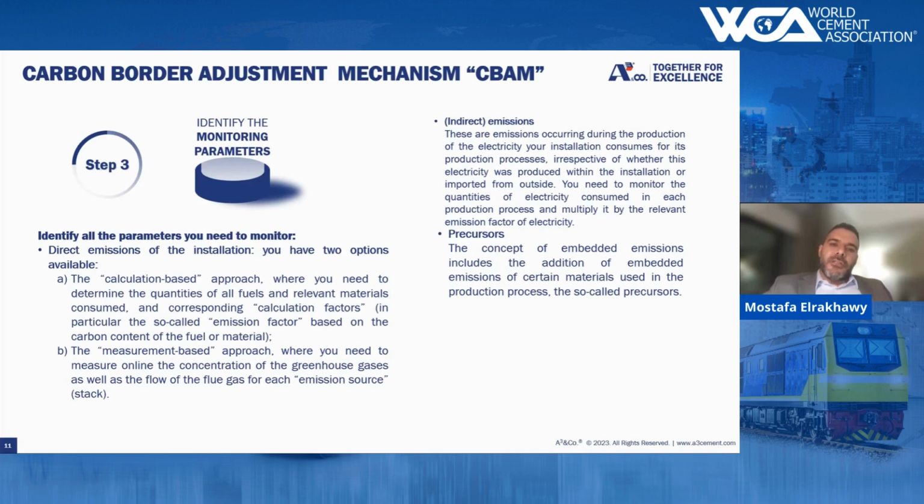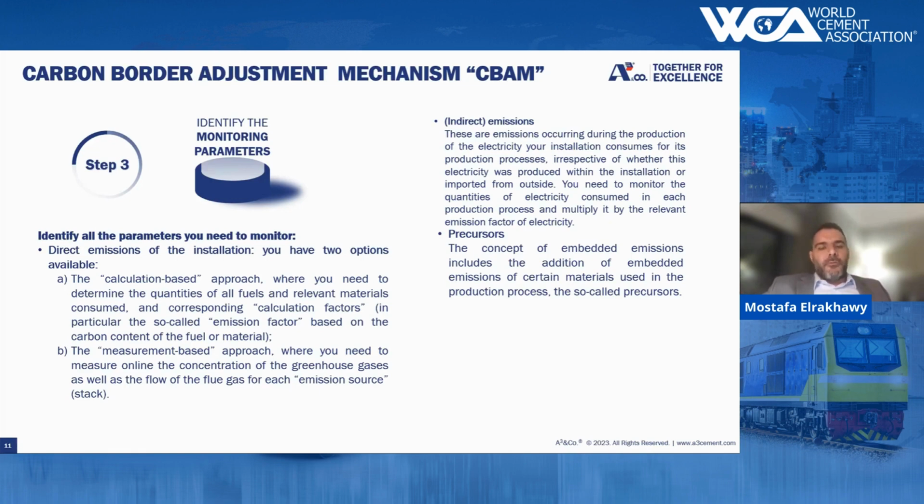The calculation-based method needs a monitoring system to identify all the weigh feeders, fuel counters, and electrical counters, and to put a specific monitoring plan for them. And there are guidelines, of course, to make this monitoring documentation, to be sure that your data is complete, accurate, and specific.